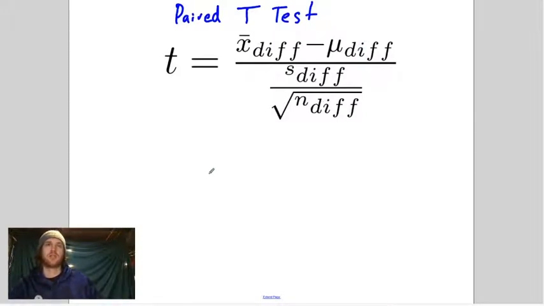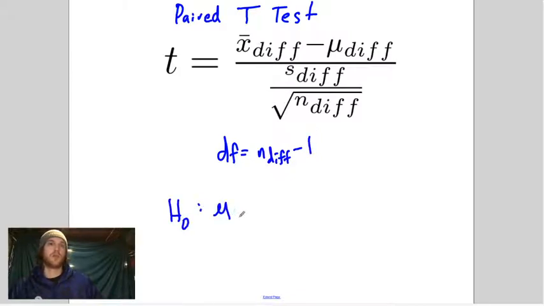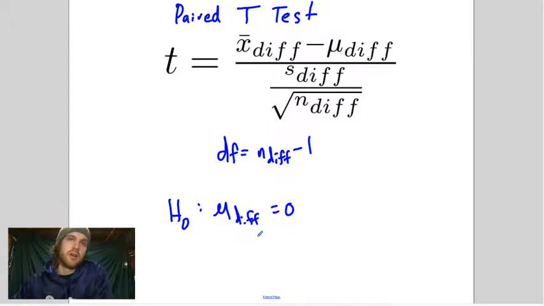With a paired t-test, again, you're going to use degrees of freedom n sub diff minus 1. Your H naught is usually going to be mu sub diff is equal to 0, which means this value here will usually be 0 when you're playing it through. And then you choose, well, I think the difference is greater than 0. I think the difference is less than 0. I want to test to see if it's different at all.